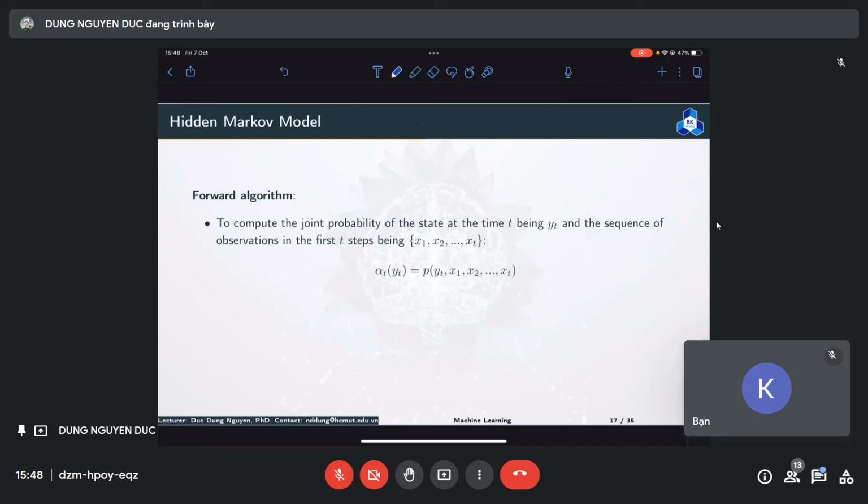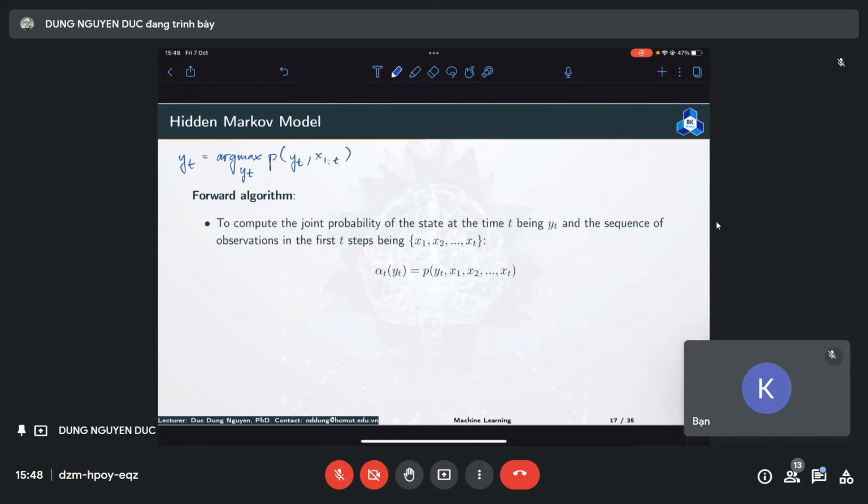So the forward algorithm says, let me have all kinds of observations up to time t, and then the state at time t is equal to the argmax over yt that maximizes the probability of yt given all the x you observe from x1 to xt. Does it make sense to you? Yes?